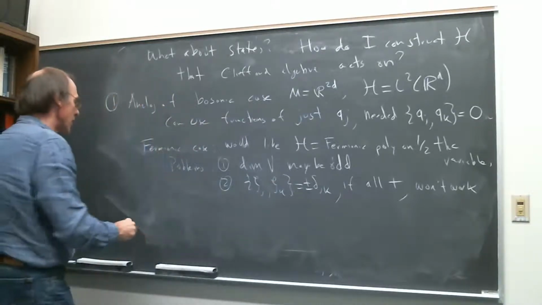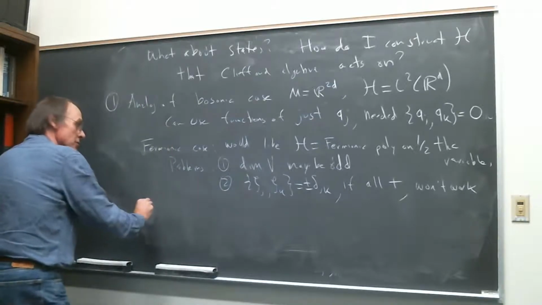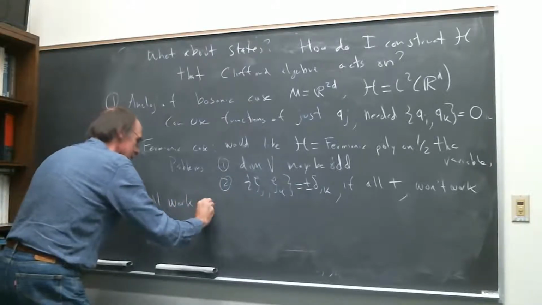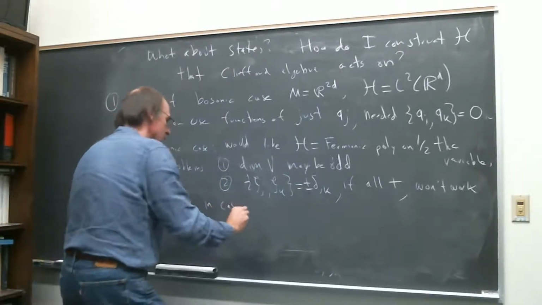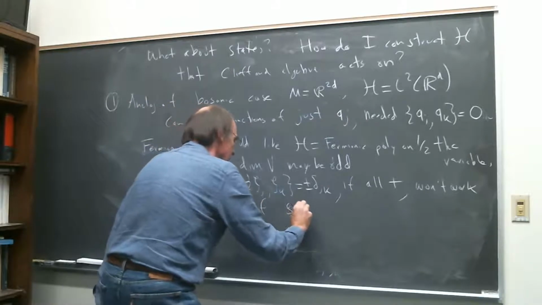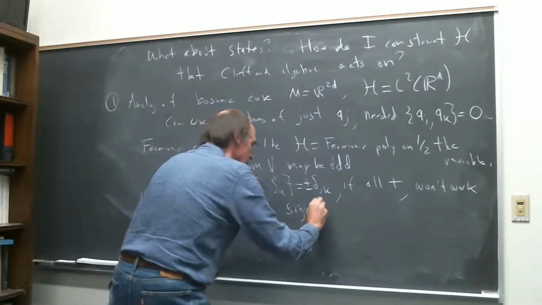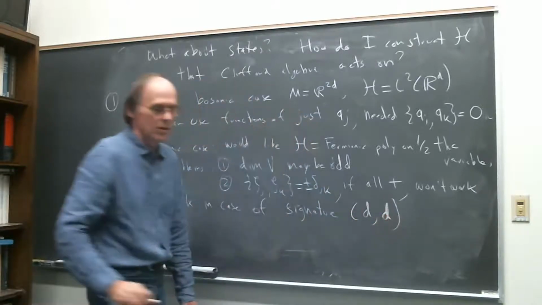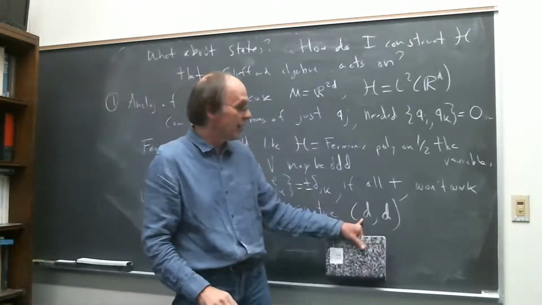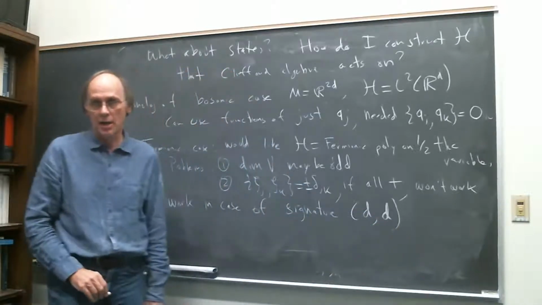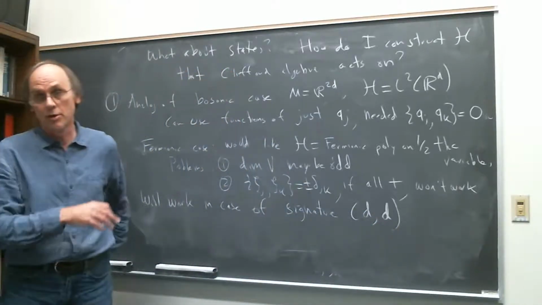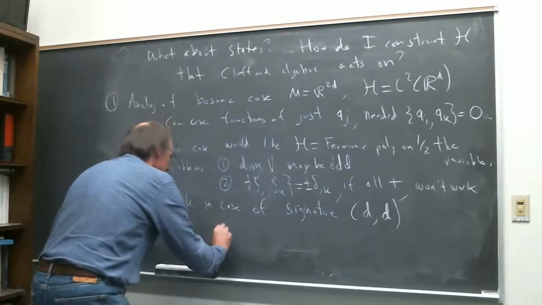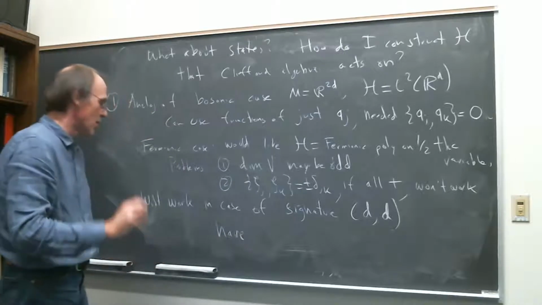But this will work in the case of signature (d,d). If you have an equal number of plus signs and minus signs, then it turns out you can actually do this. I won't show this; it isn't too hard to show by induction.